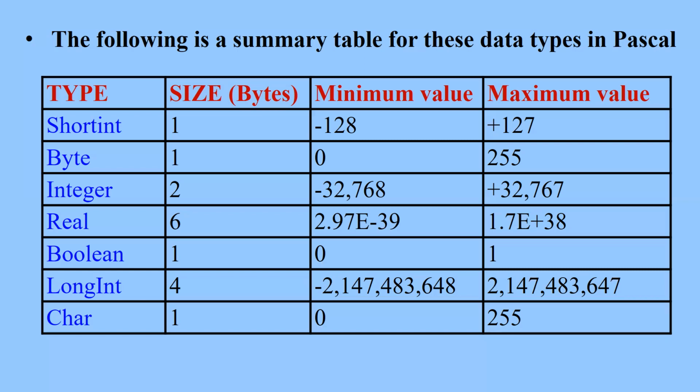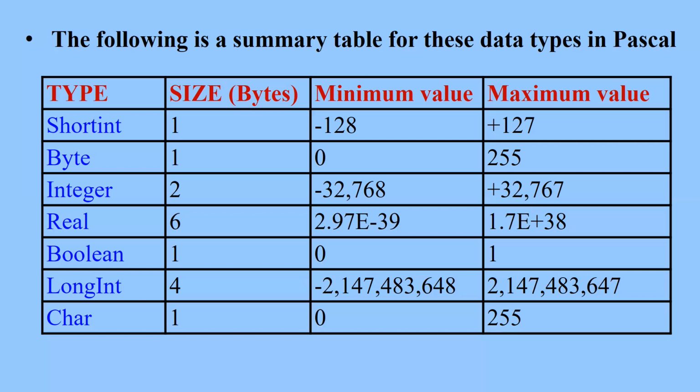My dear students and the rest of the learners, if you want your memory locations to be set aside in Pascal that can accommodate such huge numbers, then use long int.